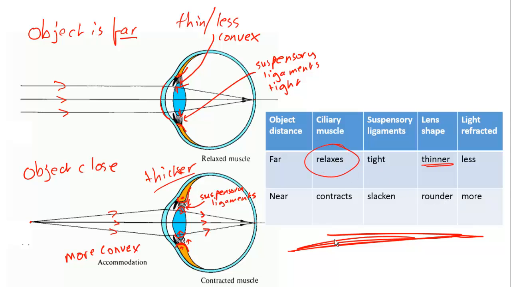That's going to be the weird counterintuitive thing that's going to catch you out, that would catch me out. But it's because of this effect of tightening or slackening the suspensory ligaments by getting big, bulgy, contracting muscles with a near object, or relaxed flat muscles for a far object.